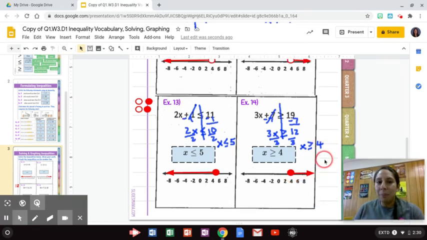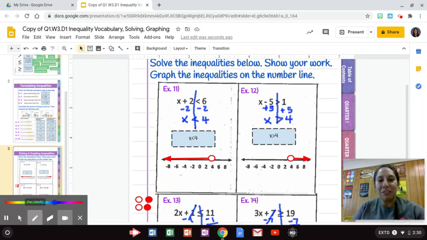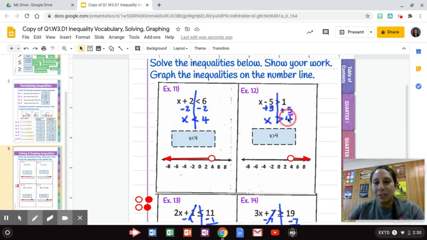I'm going to go back up to number 12 because I just noticed that I made a mistake here on number 12. I did add 5, but I'm sorry, I put 1 plus 5 is 4. It really is not 4. So that should be 6. So here I'm going to go back and fix that. The answer should be x is greater than 6.